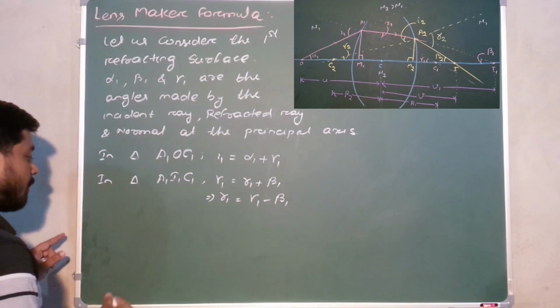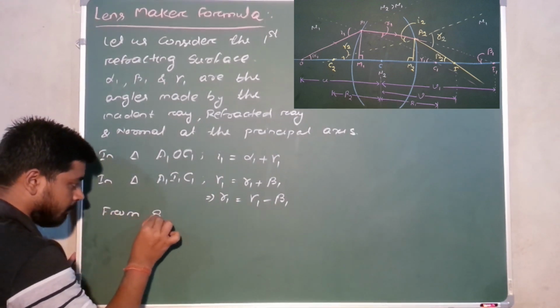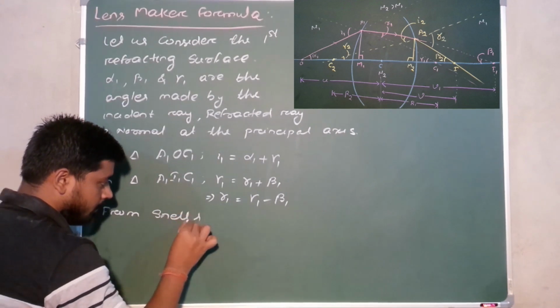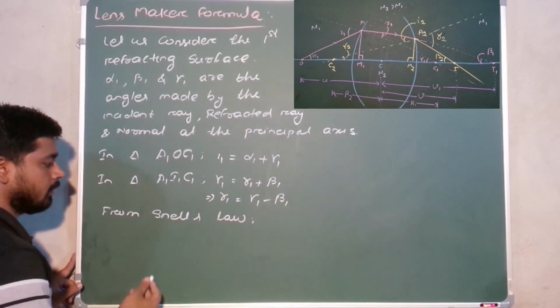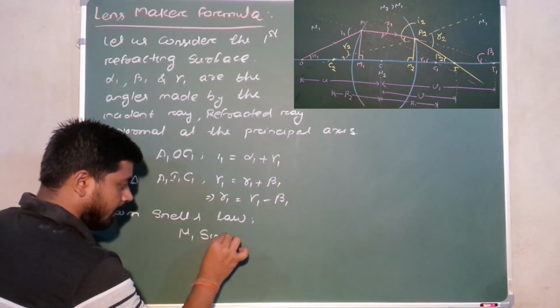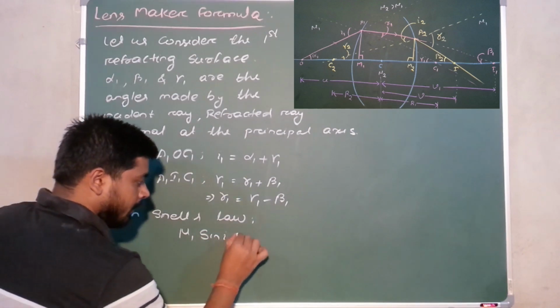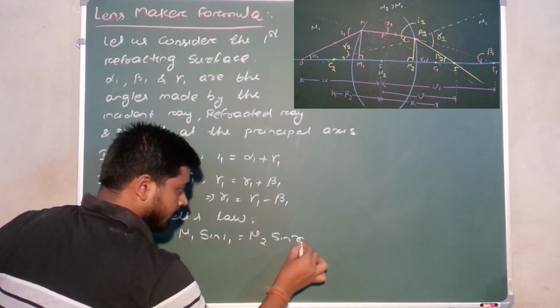Then from Snell's law, mu 1 sin I1 equal to mu 2 sin R1. Yes or no?